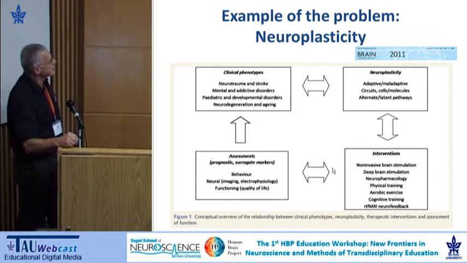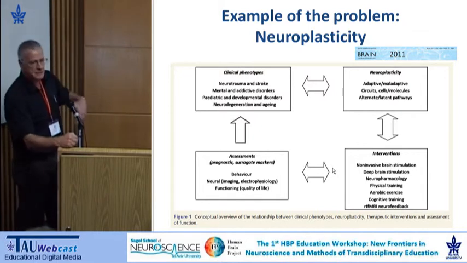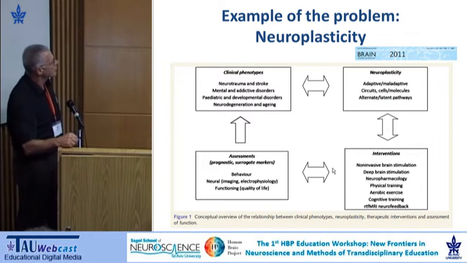All are heavily linked, and in order to study neuroplasticity in its full spectrum, we must include not only the cellular level or even the circuits, but the clinical aspects are very important, and the communication between those two arms, as well as the interventional outcomes, should be discussed.